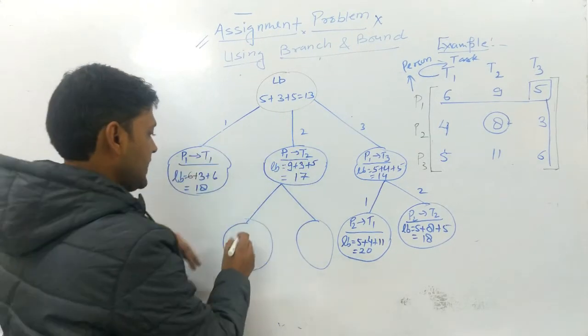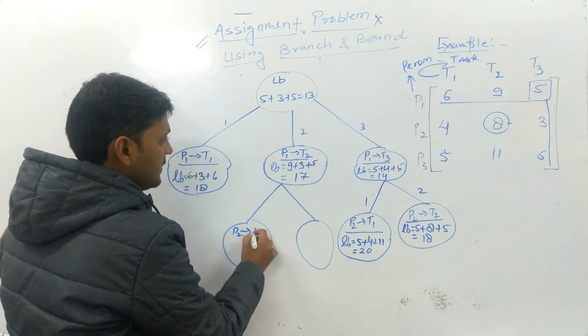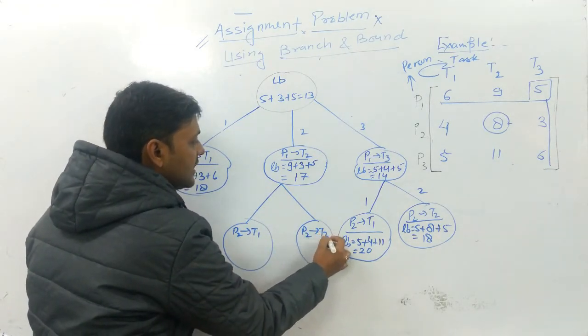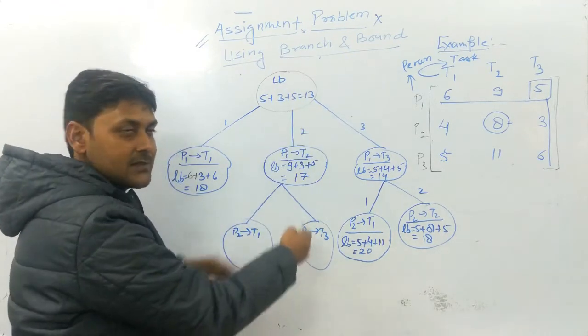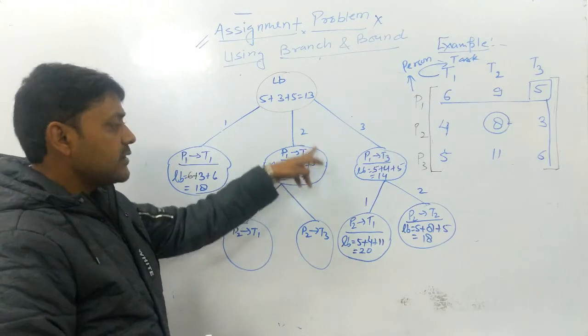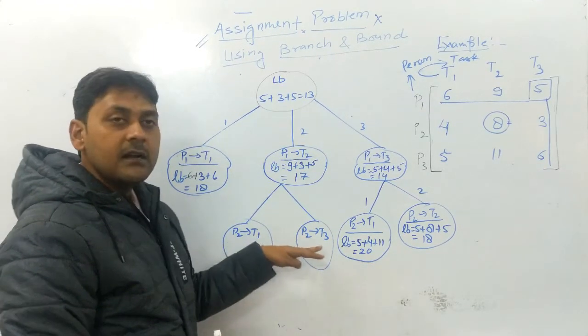Okay, this is fixed. Then here P2 is performed T1 or P2 is performed T3 according to this branch. Because T1, T2 is already performed, that means you have to perform only T3 or T1.